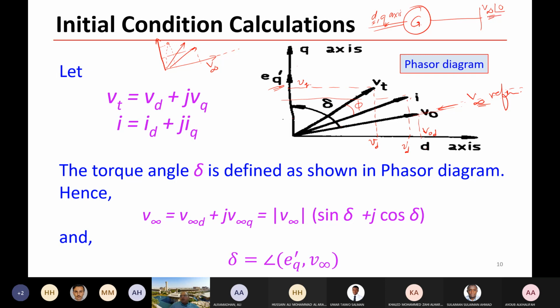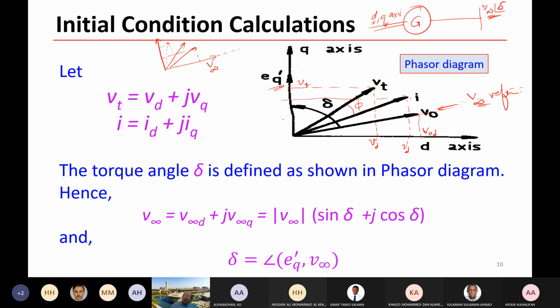So we can say V infinity has an angle delta with respect to the quadrature axis. So we can have the projection of V infinity here and here. We consider now the direct and quadrature axis of the machine, not of the system.